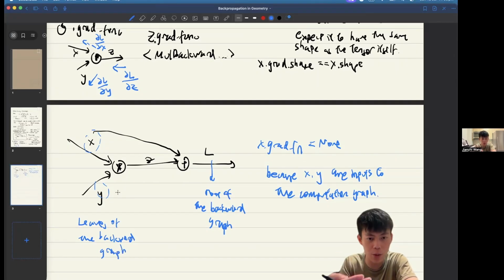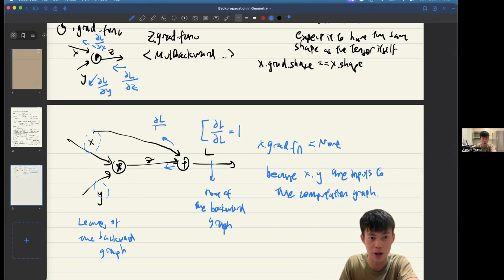You can see why this is the case because from the view of the backpropagation algorithm, we start off at the back, right? We are passing in partial L over partial L equal to 1, and we are expecting this derivative to backpropagate through the computation graph. In this case, it will backpropagate through this plus operator into this arrow and this arrow.